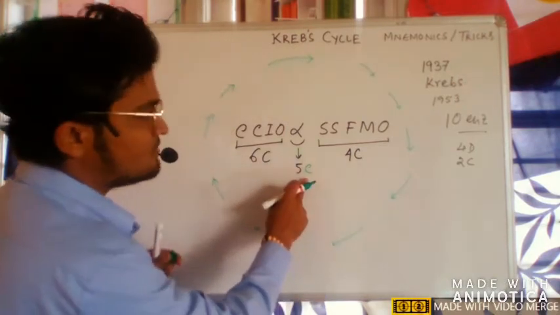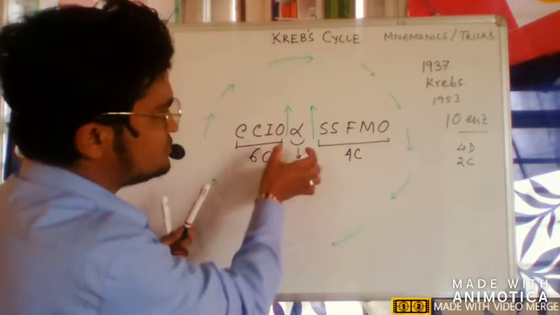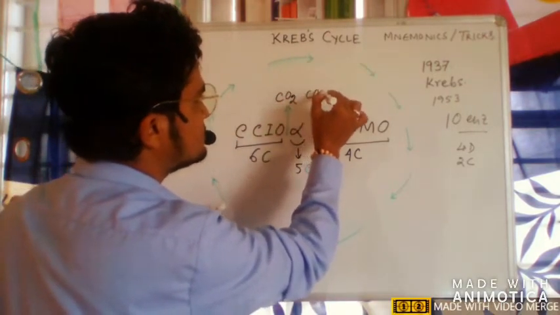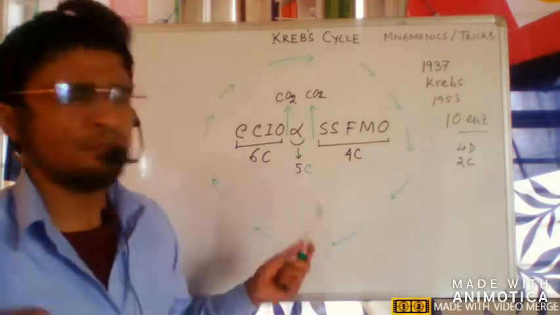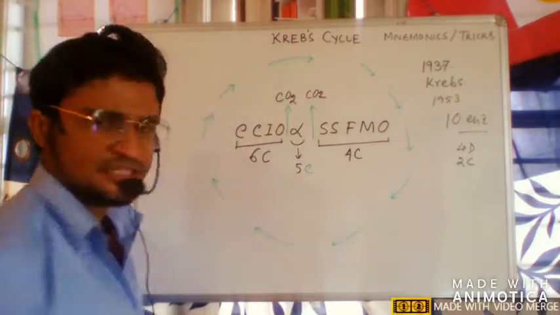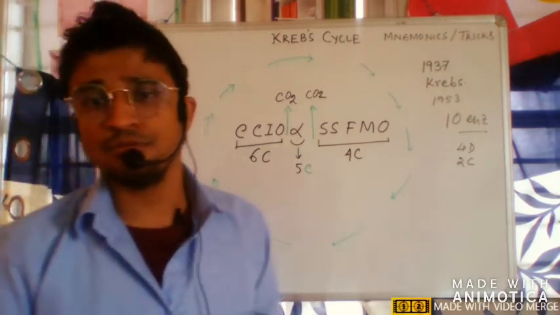As you have 5 carbon here, these two regions are the places where CO2 is being released. This is the step where decarboxylation takes place. The most important enzymes are decarboxylases, so CO2 is ejected out. So you can name the steps where CO2 is being released.